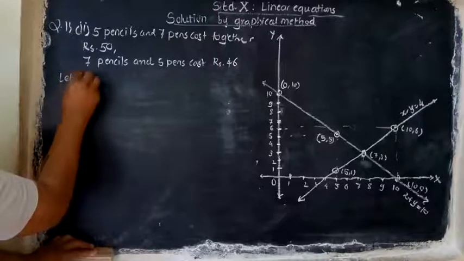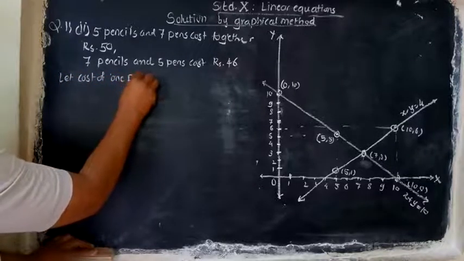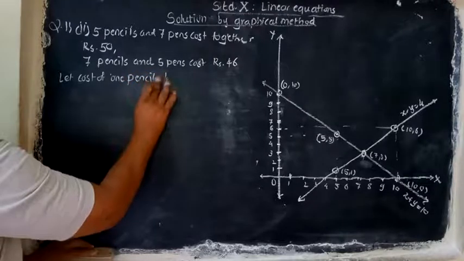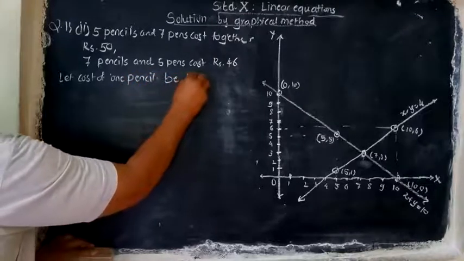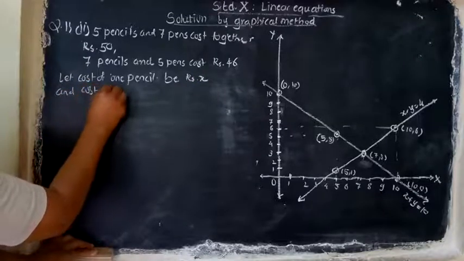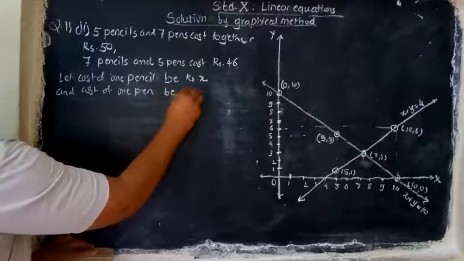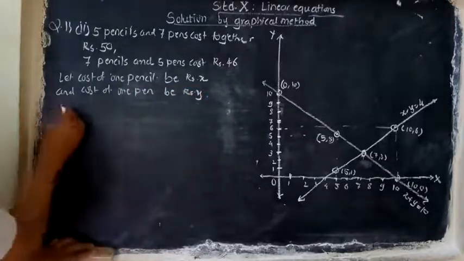Let the cost of one pencil be rupees x and the cost of one pen be rupees y. Therefore what happens?